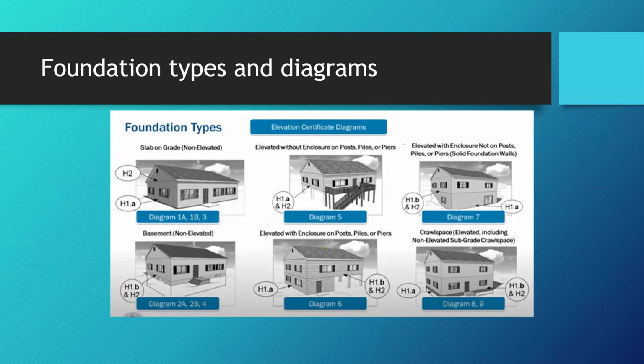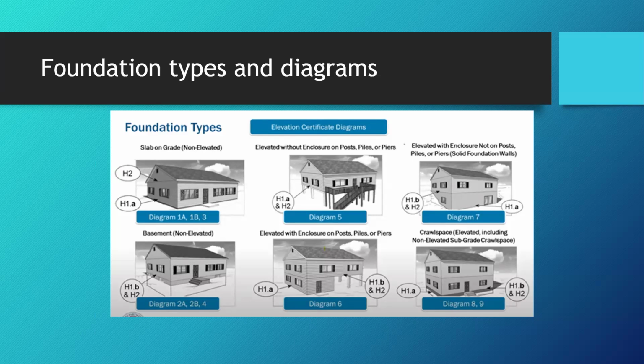The different foundation types are described so that it's 1 through 9. And then this is a diagram for property owners on how to measure the section H. These are the ones where the property owner themselves can just go and measure them for insurance purposes only, again, but it shows you where H1A and H2 are measured on the different diagrams.